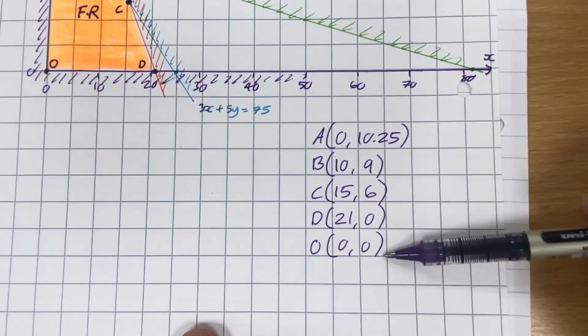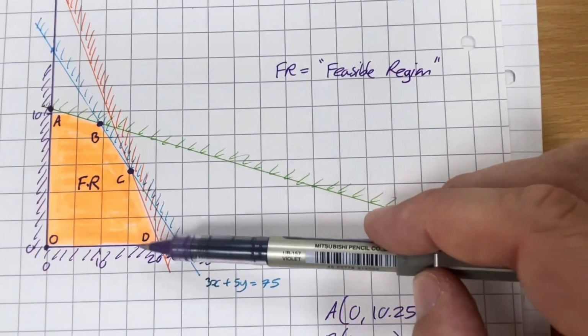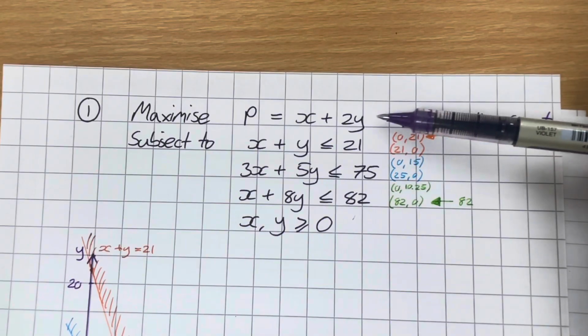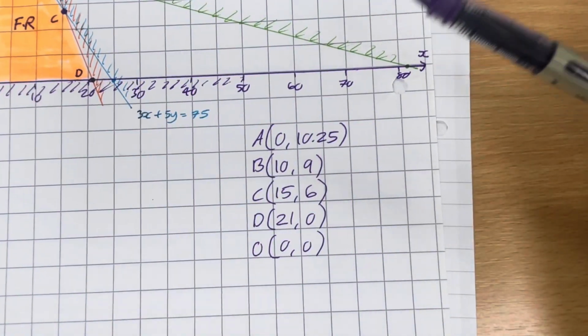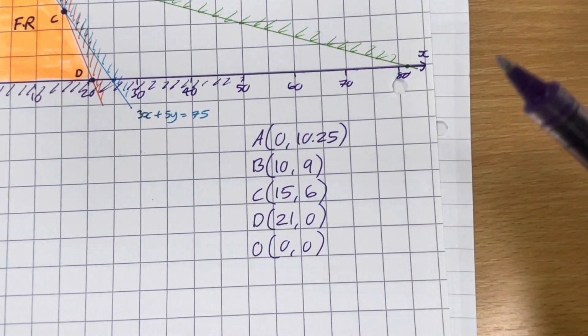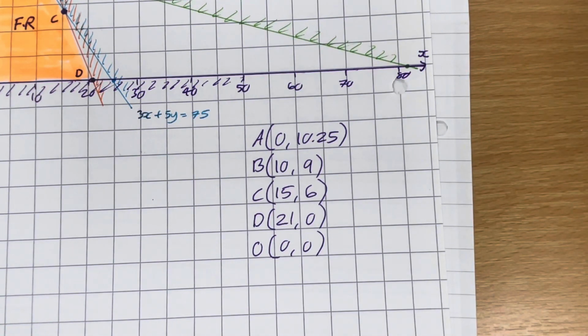So these are the 5 vertices of my feasible region, and the optimal solution, that is the solution to this objective function, will be one of these 5. So to decide which one, what we're going to do is take each of those coordinates in turn and plug them through the objective function.